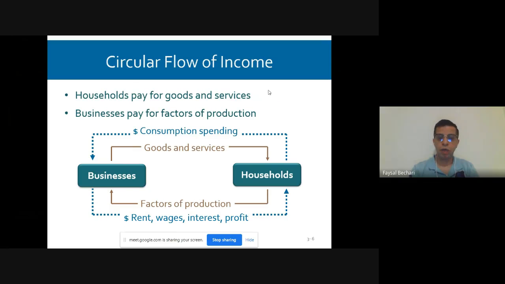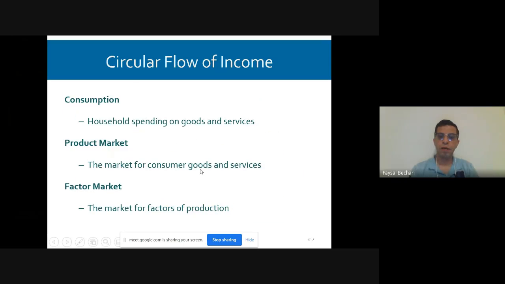So when a business makes goods and services and sells to households, there is consumption spending. The household will buy things and pay money for this. And there are the factors of production, the people working here, and then businesses pay the household in rent, wages, interest, and profit. So this circle keeps going on.